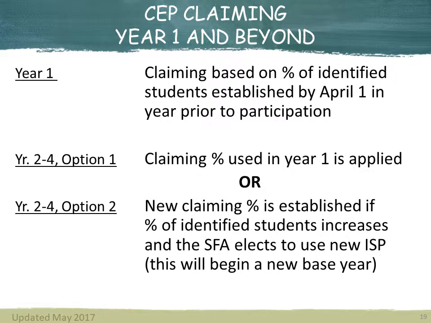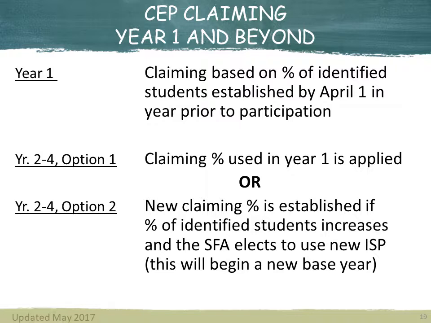All right, so CEP claiming for year 1 and beyond. So, of course, year 1, our claiming is based on the percent of identified students established by April 1 in the year prior to participation. And then years 2 through 4, option 1 is to continue using that claiming percentage in year 1, or you can reestablish with a new claiming percentage.